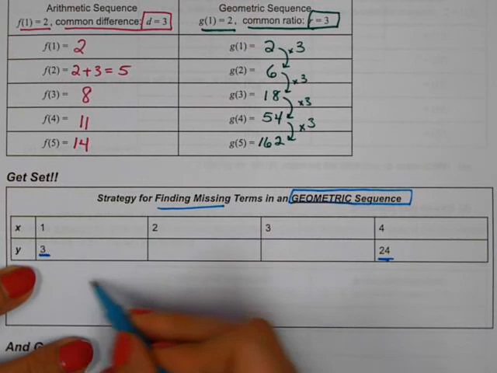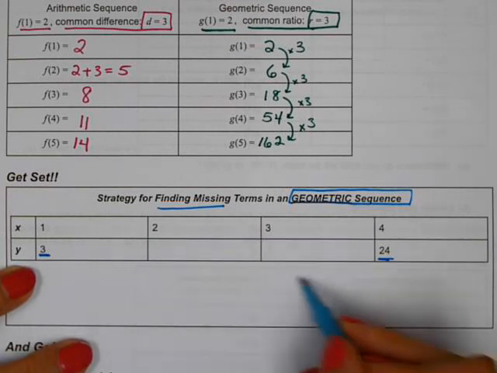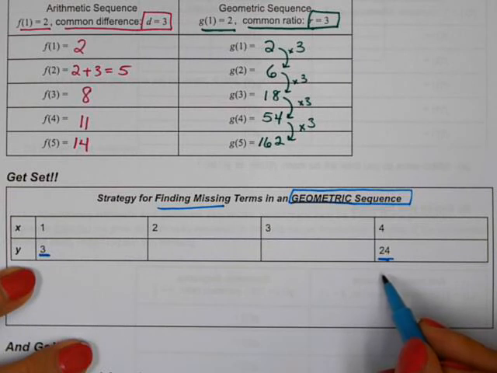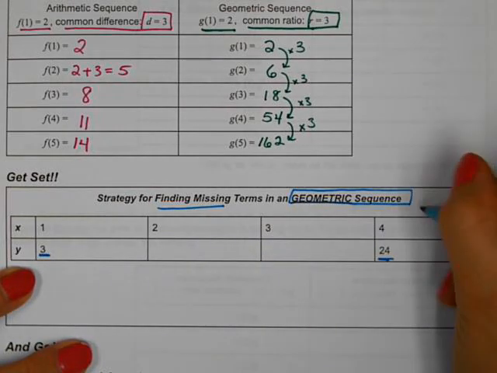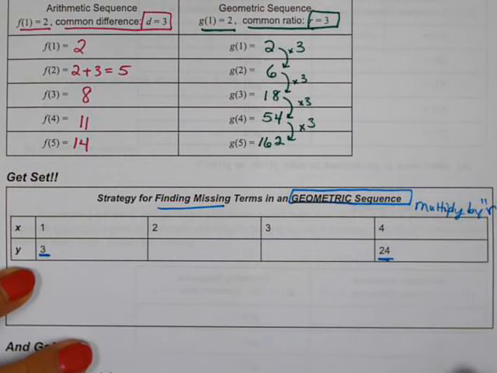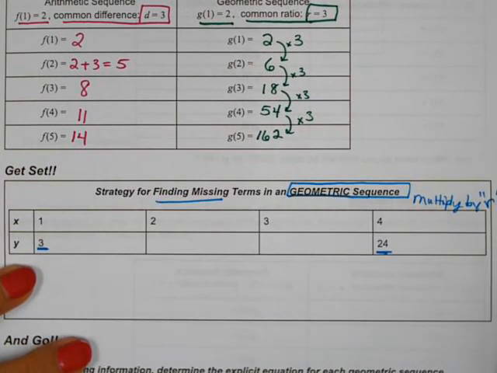So does it look like the numbers are getting bigger or smaller? Since the numbers are getting bigger, I know that we're going to be multiplying by a common ratio r. But I don't know what the ratio is.